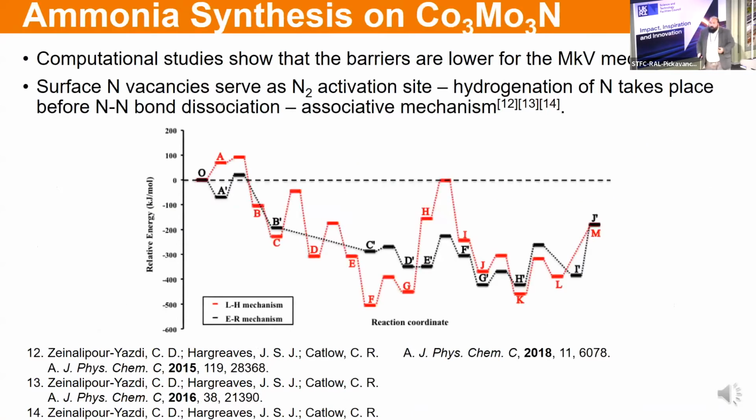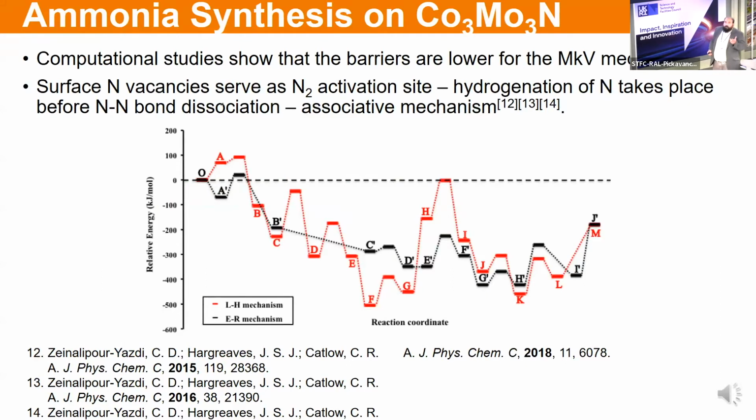So the previous work, as mentioned, the Computational, who was in the audience today, has already done a very detailed computational study exploring these two mechanisms on the cobalt molybdenum nitride surface. And what we see is that the Mars van Krevelen mechanism does indeed offer an alternative mechanism that lowers the activation barrier. This is the black line, because it's overall less energy demanding than the red line, which is the Langmuir-Hinshelwood mechanism.